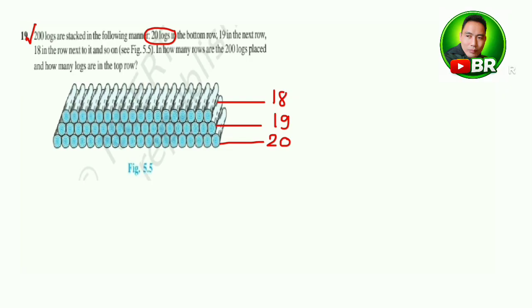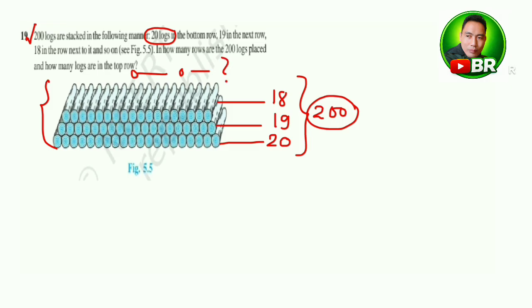Okay, students, here total number of logs is 200, and here we need to find two things. First thing is, in this way, how many rows are needed to place these 200 logs, right? And second thing, we need to find how many logs are in the topmost row. So to solve this question, firstly, let's write this number of logs over here.